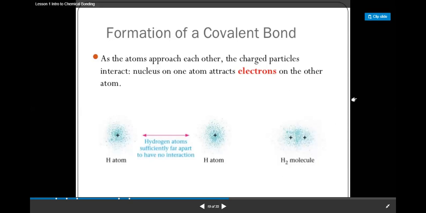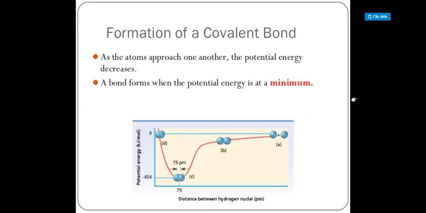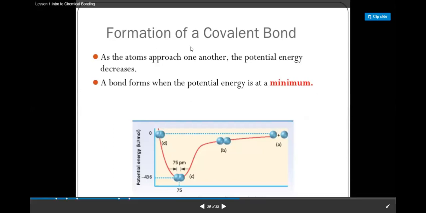In the formation of a covalent bond, as the atoms approach one another, the potential energy decreases. A bond forms when the potential energy is at a minimum. This is very important, you need to remember. You can see the graphical representation there.